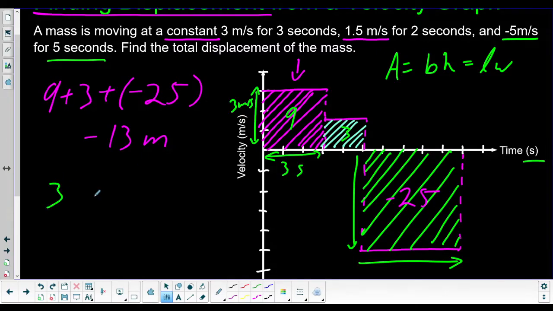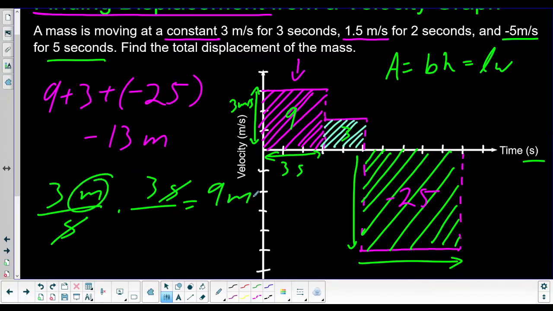If we take 3 meters per second times 3 seconds, and we multiply these, 3 times 3 is 9. The seconds on the bottom cancels the seconds, and our units are in meters. Wow, isn't that a coincidence? That's so cool. I love physics, you guys. It's so tight. So even our units work out. I'm not lying to you, I hope. So if we look at the area between the graph and the time axis, then we will get our displacement.